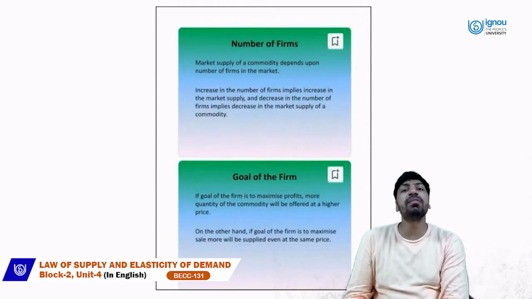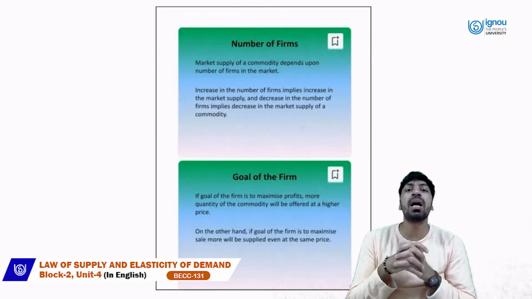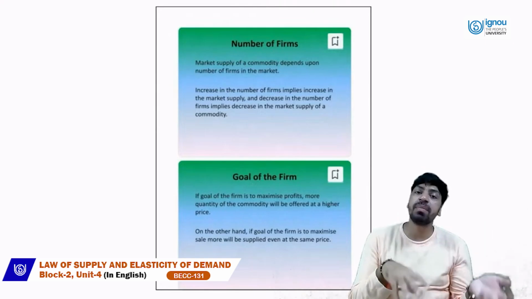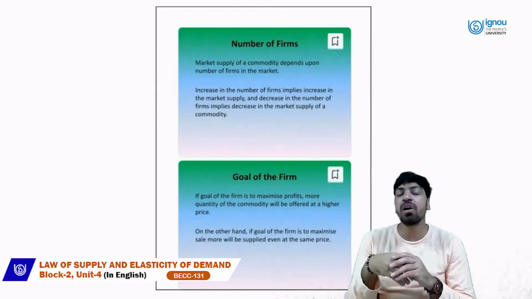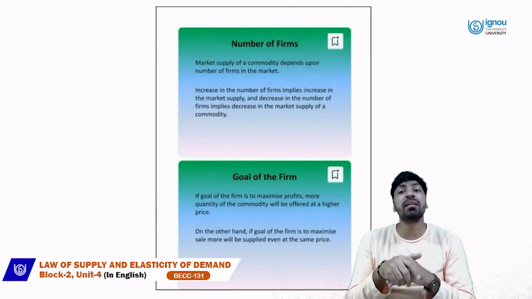The next concept is the number of firms. When we talk about firms, we talk about the market supply. The market supply of a particular product depends on the number of firms available in the market.